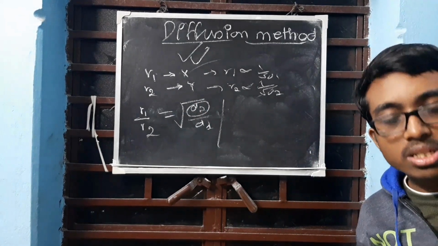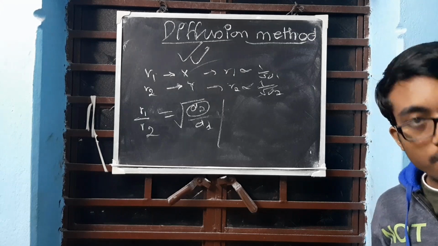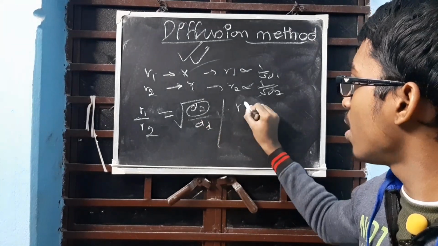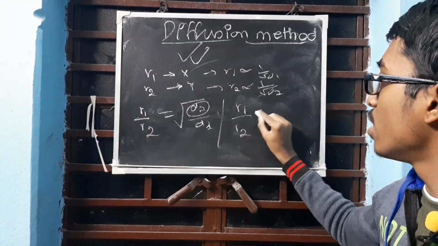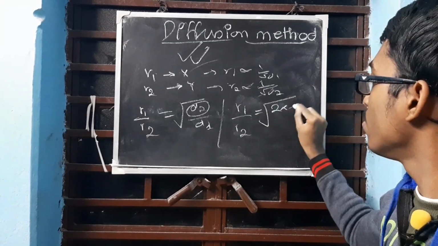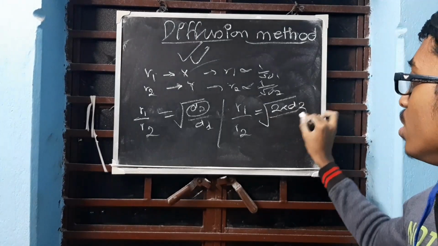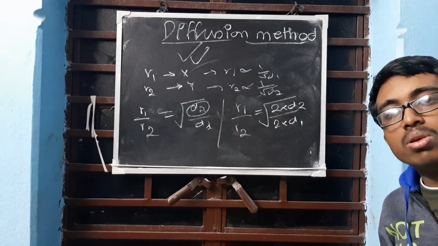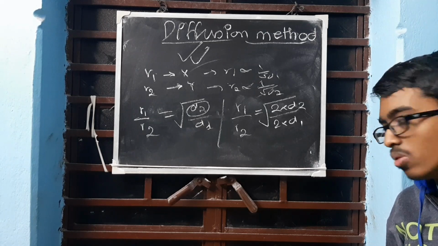Now this D, I know, right? Molecular mass is twice vapor density. Vapor density into 2 is molecular mass, right? So instead of this I can write R1 by R2 equal to root over of 2 into D2 divided by 2 into D1, or you can write M by 2 instead.